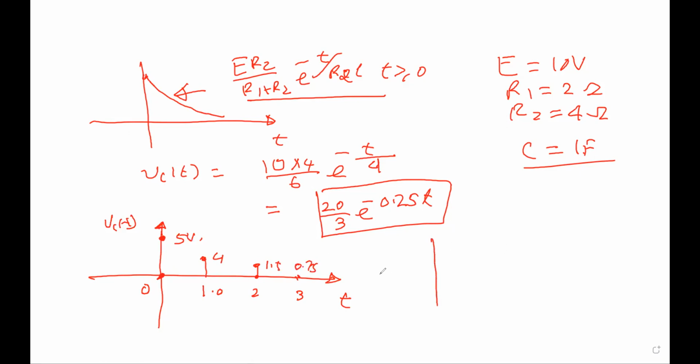Then we will have a table, where t is your time and VC your voltage. At t equal to 0, you have 5 volt. At t equal to 1 second, 4 volt. At t equal to 2 seconds, 1.5 volt. For t equal to 3 seconds, 0.375 volt.